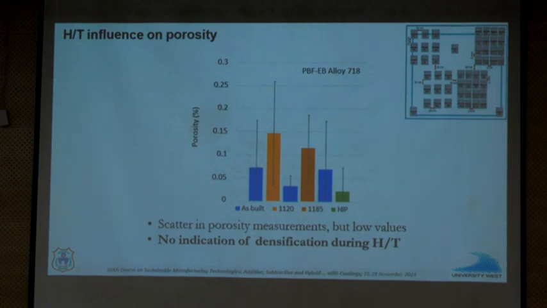So, we decided that we would heat treat at the two limits of that range, because the standard says 1120 to 1185, right? But the message here is no densification happens in conventional heat treatment. All the densification happens only in a HIP, right?